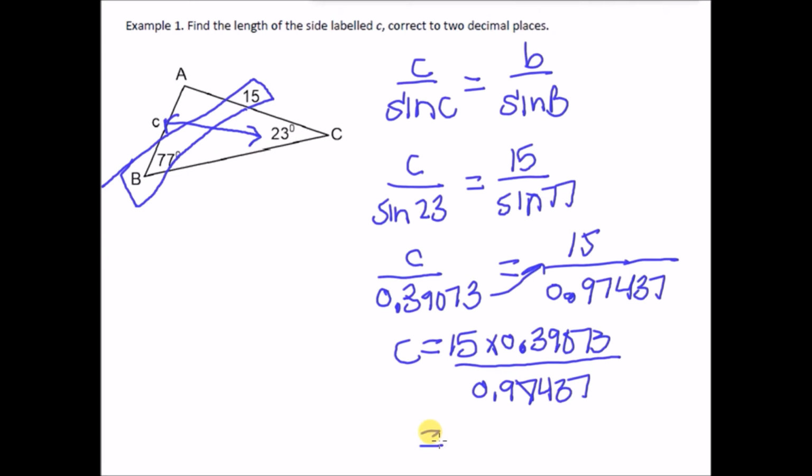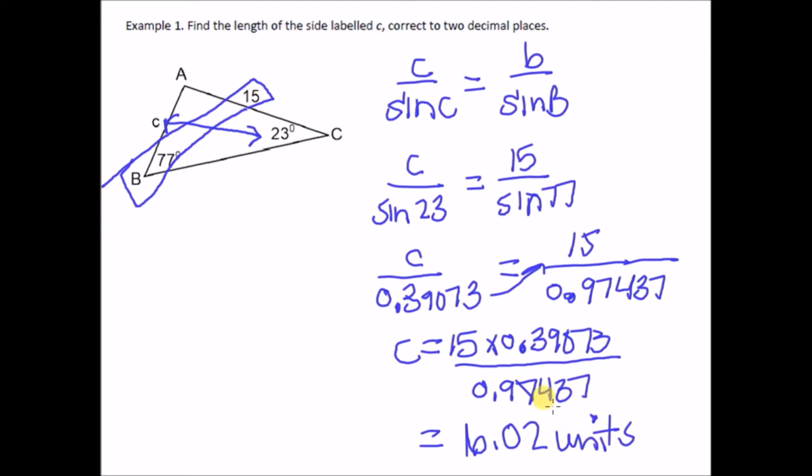So 15 times 0.39073 divided by 0.97437, I get 6.015, so 6.02. I'm going to put units because this question does not state what kind of unit it is. So the side labeled c is 6.02 units.